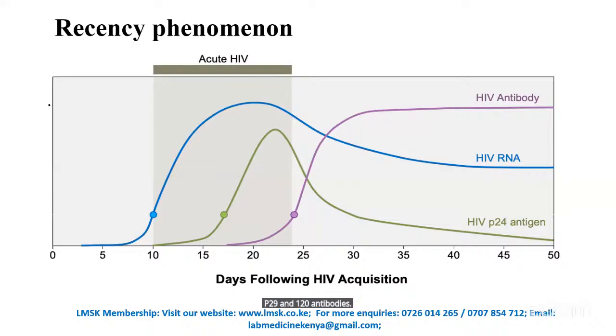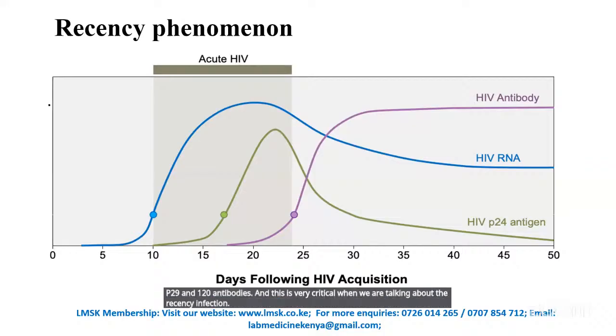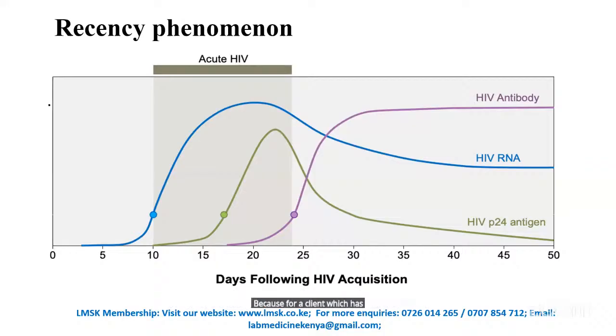And this is very critical when we are talking about recency infection, because for a client who has just gotten a recent infection, we'll be having higher copies of the viral particles.